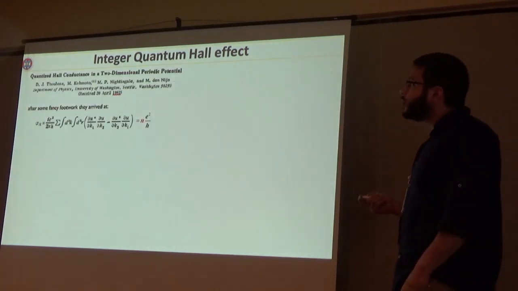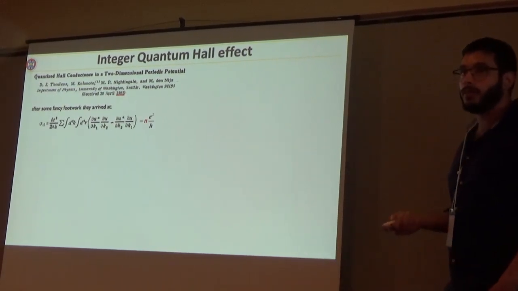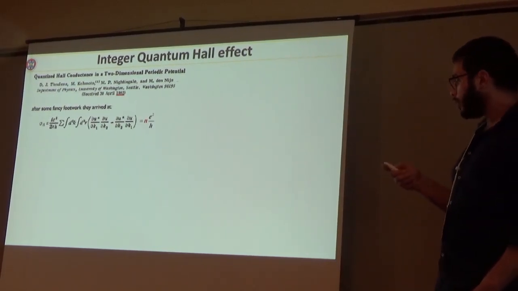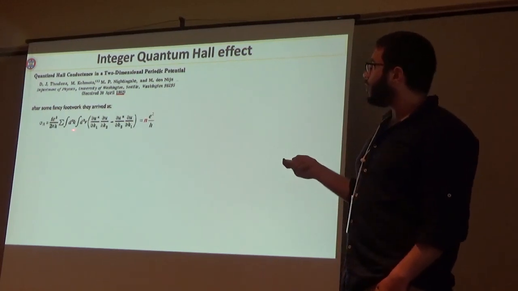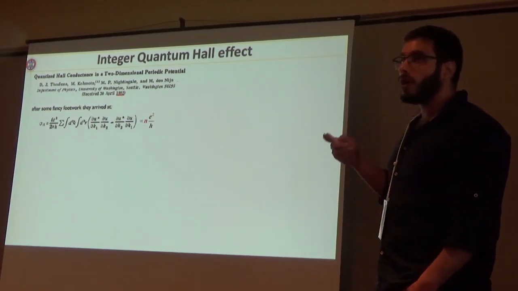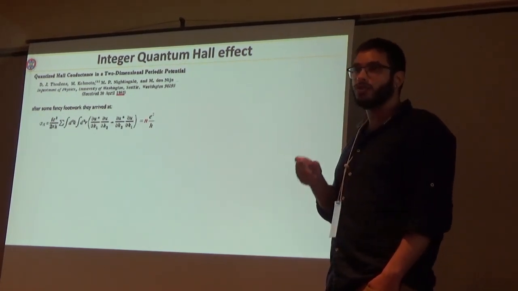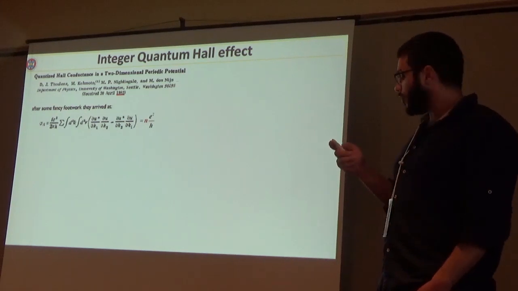In 1982, Thouless, along with his collaborators, tried to solve this problem using only quantum mechanical theory, and they found this expression here, where they integrate over a quantity that is of deep geometrical origin, and we'll see it very shortly.